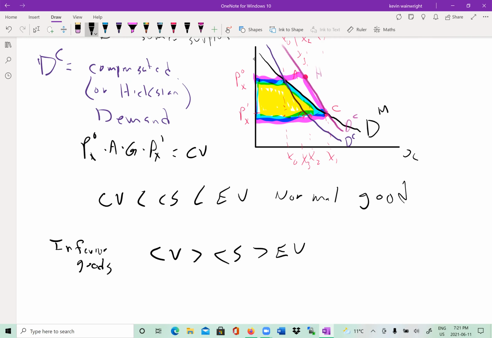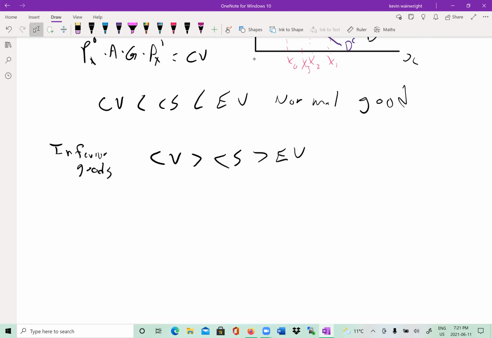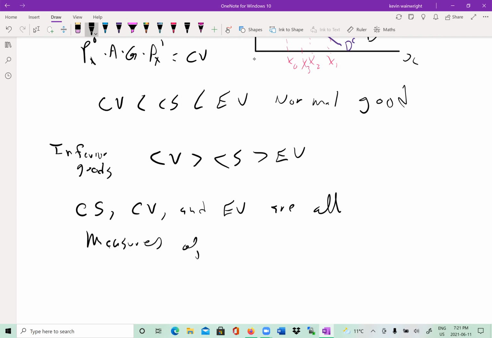Okay, so CV and EV are two welfare measures. In fact, consumer surplus, CV, and EV are all measures of welfare.